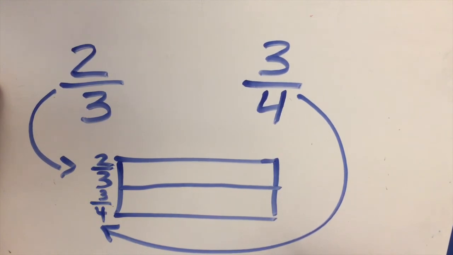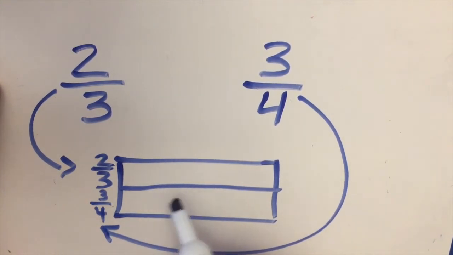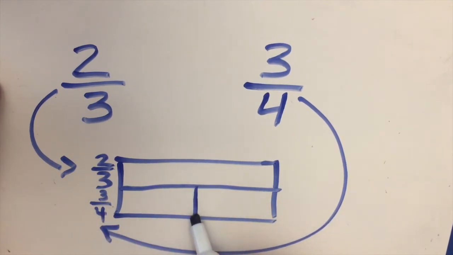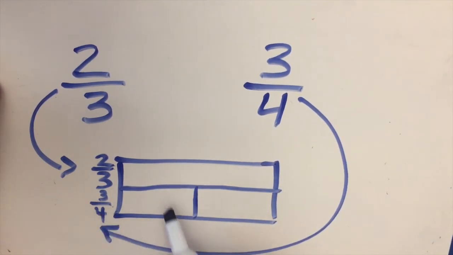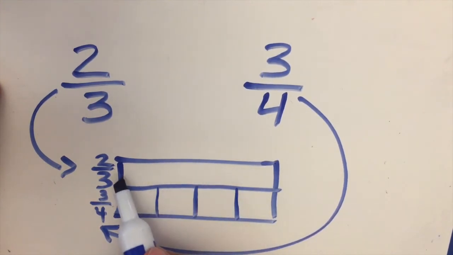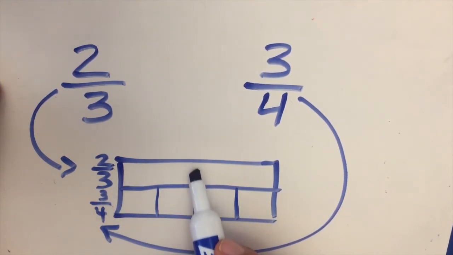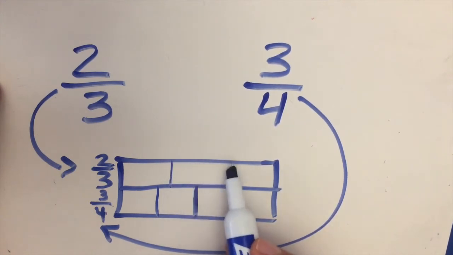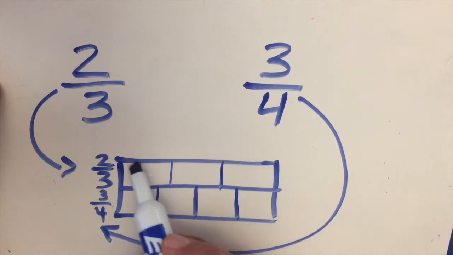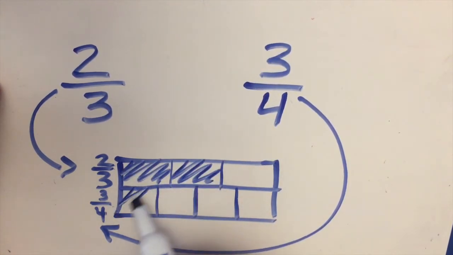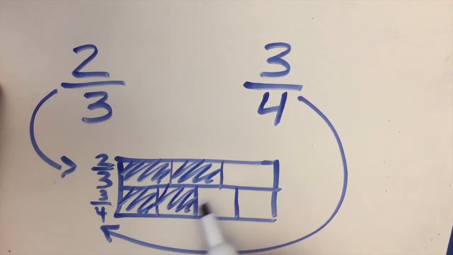Then we're going to shade in and split those up. 3/4, I can split in half because the denominator is an even number, and I split each of those halves in half. And then 2/3, I want to think of where the midpoint is. Now I'm going to shade in 2/3 and shade in 3/4.